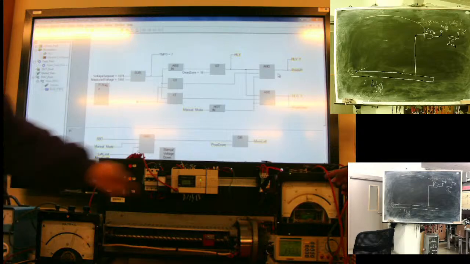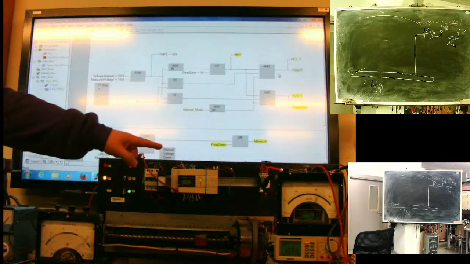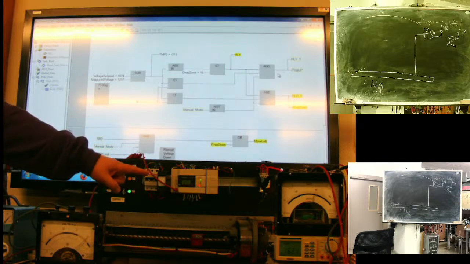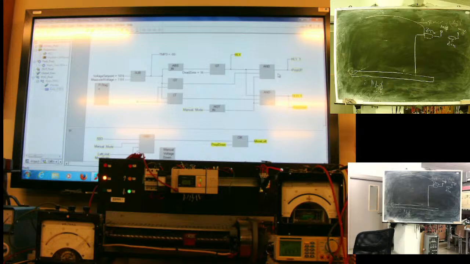Increases until power up 230 volts. And the guidance system pushes it back. Voltage down, and it pushes up. I think it's also the same.